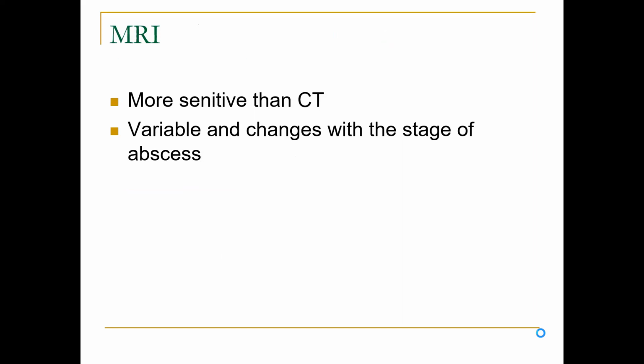But we will see some hyperintense area in the same location as we mentioned in the CT scan. But with the passage of time, with stages 2, 3 and 4, as we know the capsule progresses, we can find that there will be a specific capsule. So CT scan varies with the stages, and MRI varies with the stages of the abscess.